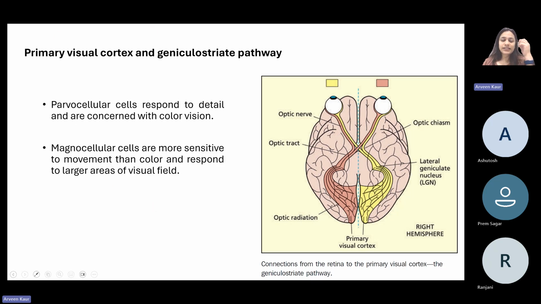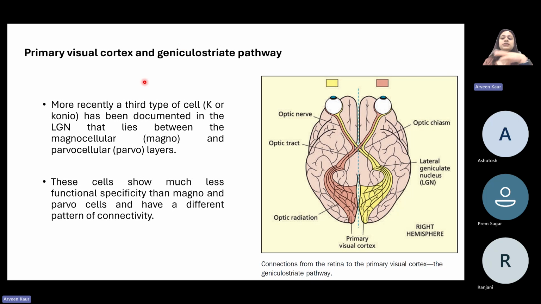So these parvocellular cells respond to detail and are concerned with the color vision, while magnocellular are more sensitive to movement than color and respond to larger areas of visual field. So they have different specific functions, which is why they are different also.